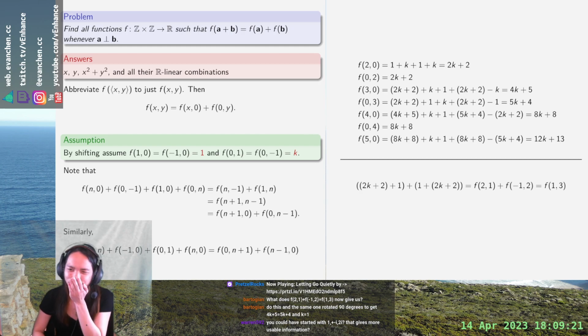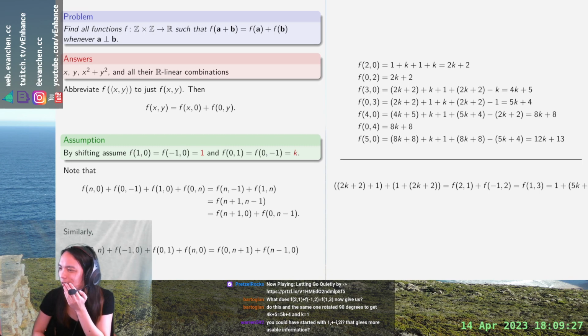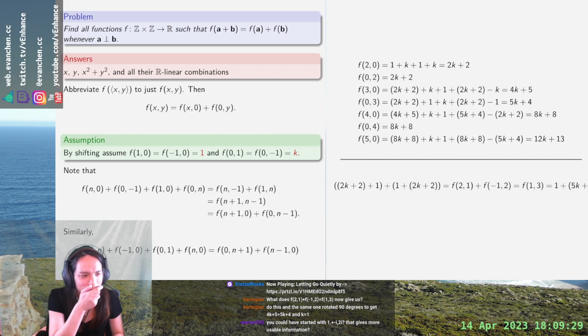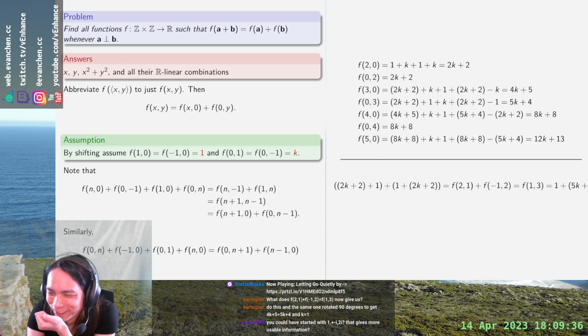I feel like we used up everything that had a 1 in it. Do we not? One plus minus i, 2i? Yeah, slow down. You get 1 plus 5k plus 4, right?